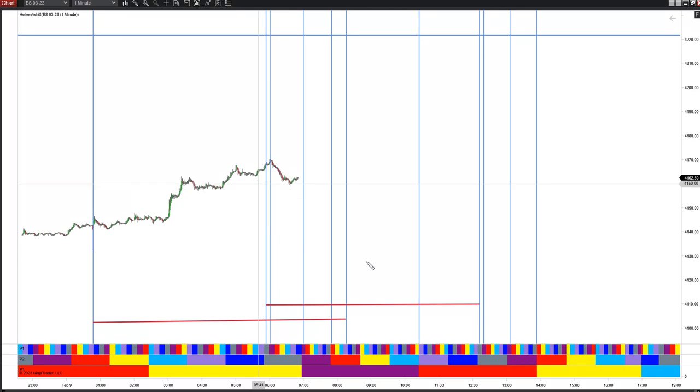So you want to look at all these purple segments on the P1 line. Each one of these 8-minute windows is going to give the opportunity for a change in trend. We've got that one there.